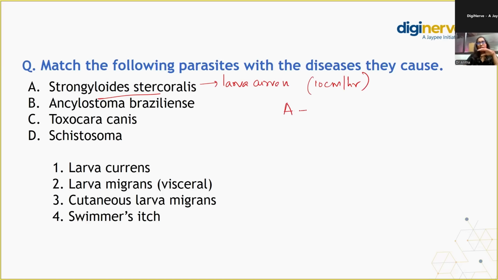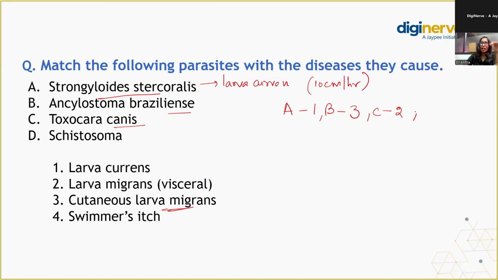So for option A, it is 1. Ancylostoma braziliense also enters the skin through penetration. They also cause cutaneous larva migrans. So B to 3. Toxocara canis is known to cause visceral larva migrans. C to 2. Next is the Schistosoma.